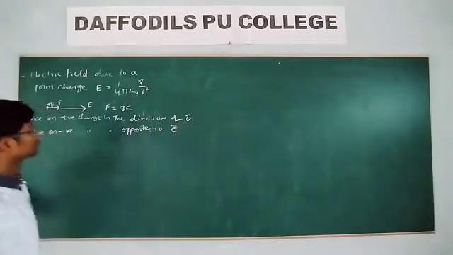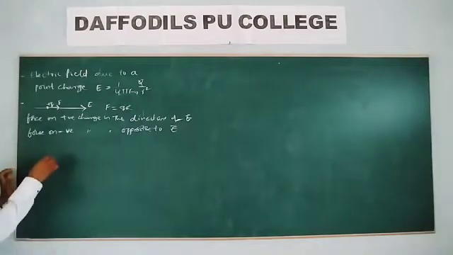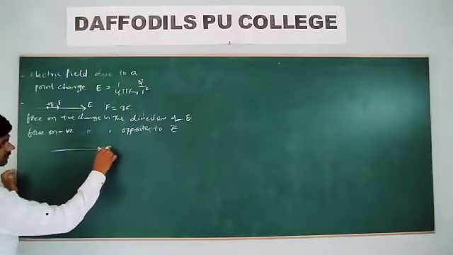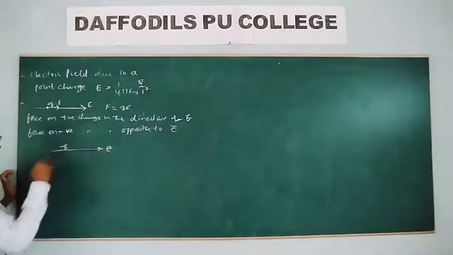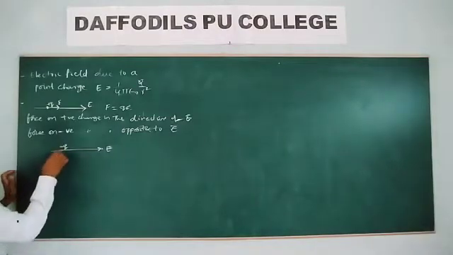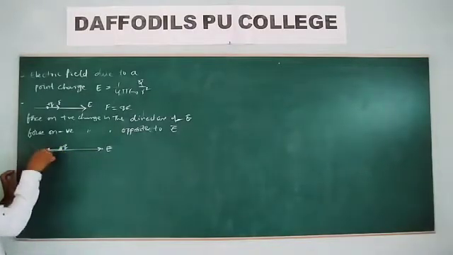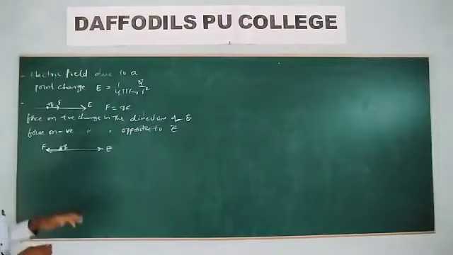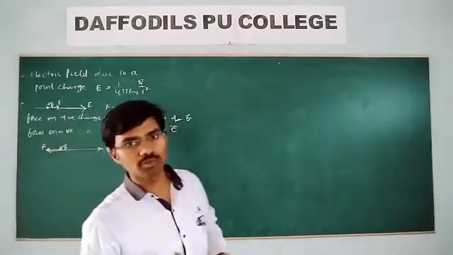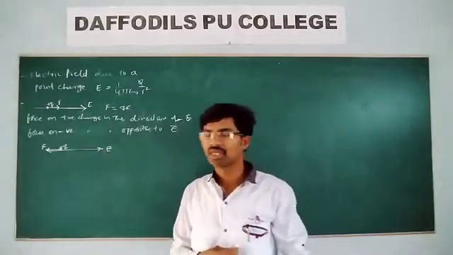That means if this is the direction of the electric field and a negative charge is placed in it, then the force acting on it is F in the opposite direction. The magnitude QE remains the same, only the direction is different.